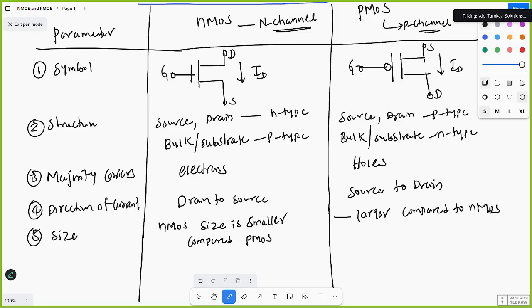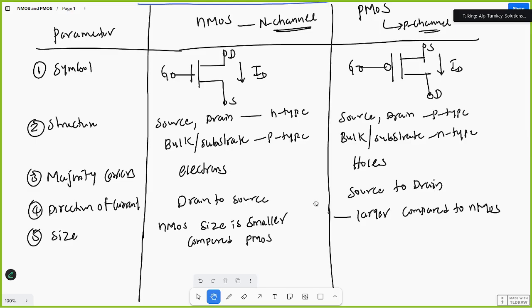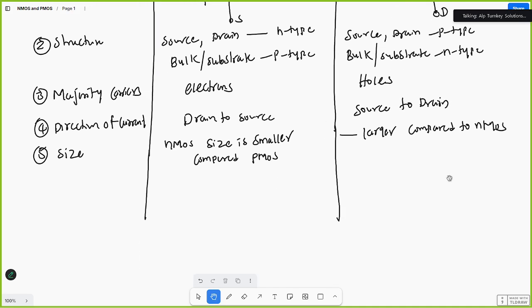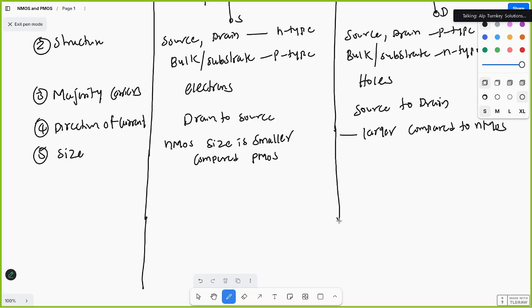And next, coming to the working of NMOS and PMOS. In ideal cases, if G equal to 0, NMOS will be off.